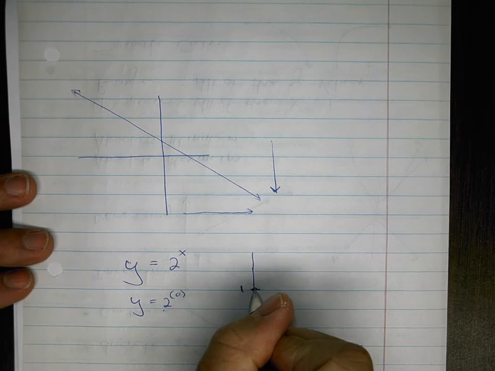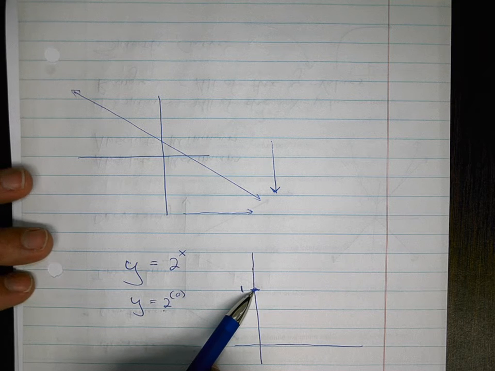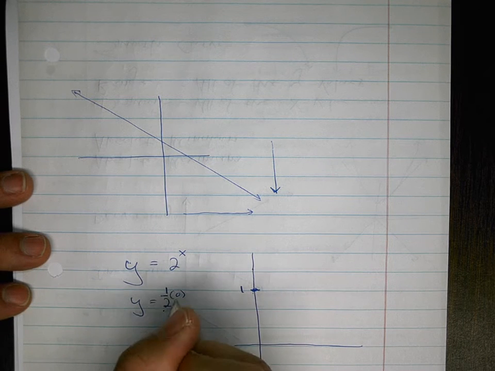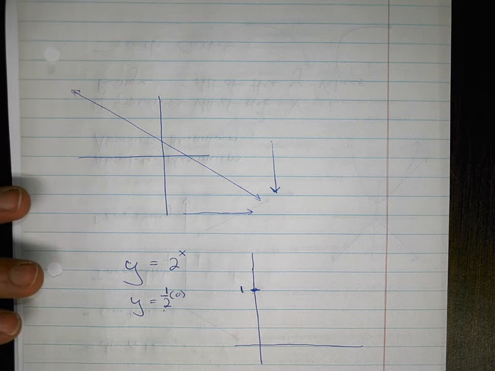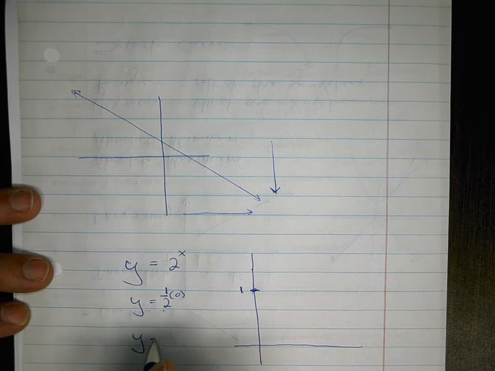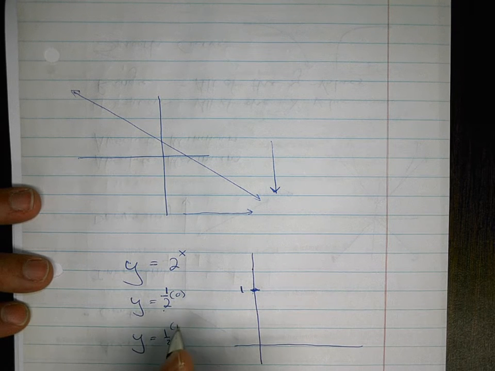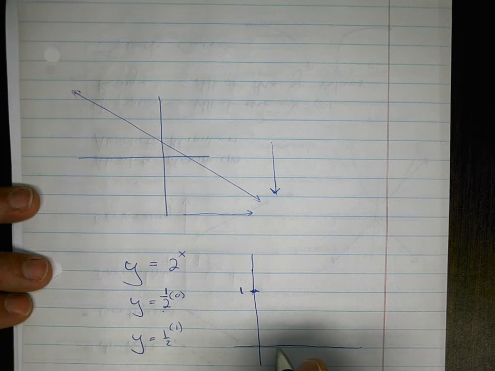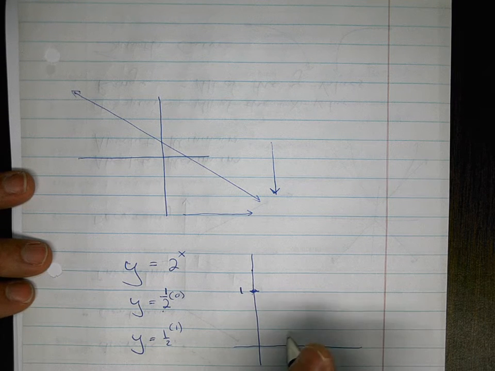So at 0, this equals, oh, I'm sorry, I wanted this to be 1/2. 1/2 to the 0 power. Anything to the 0 power equals 1. But y equals 1/2 to the first power equals 1/2. So at 1, it equals 1/2.